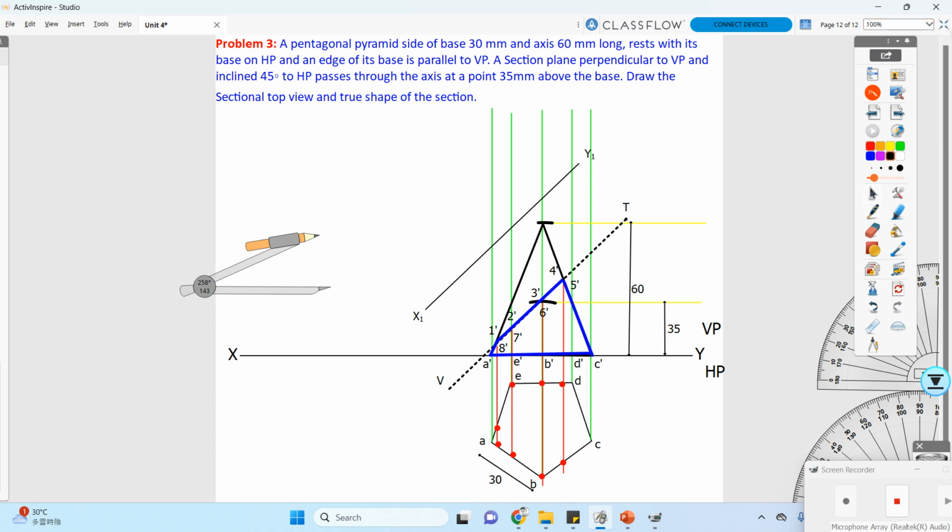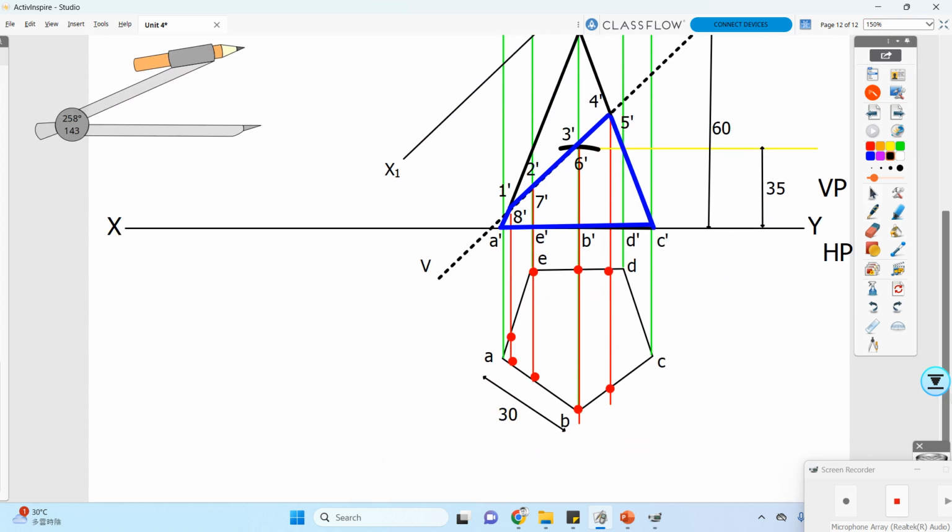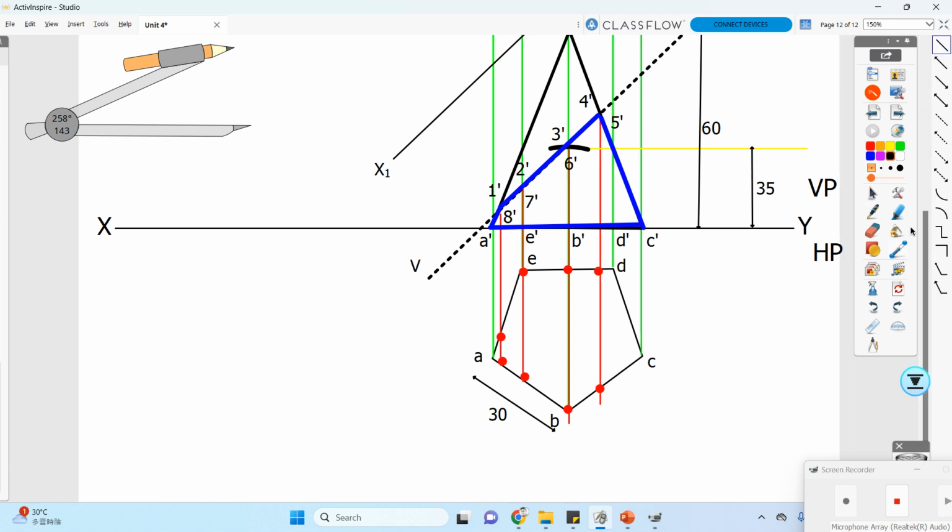I will zoom and show you, where you can able to find this part is not removed. This part you want to show that part over here. So when you consider the true shape, I first draw the true shape of your diagram. It starts from here and ends here.